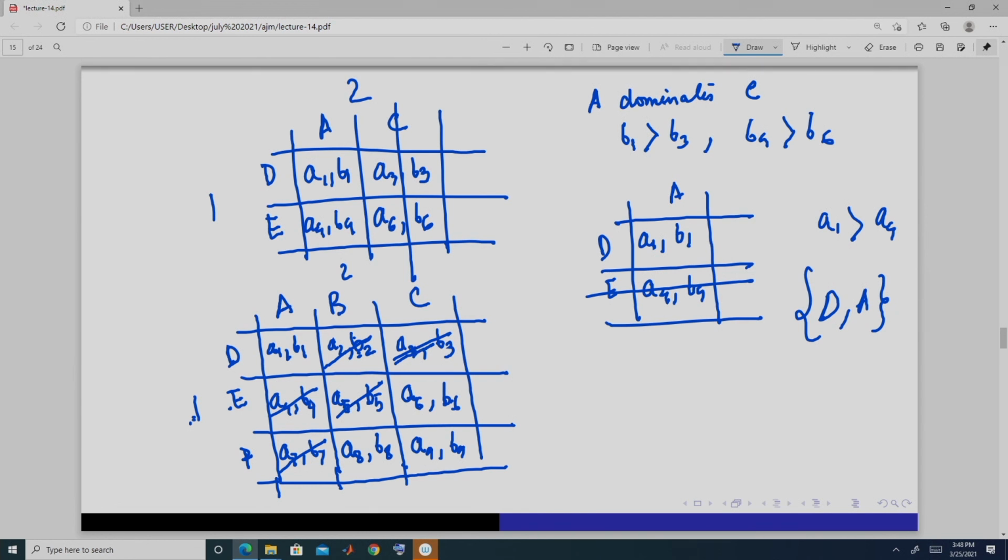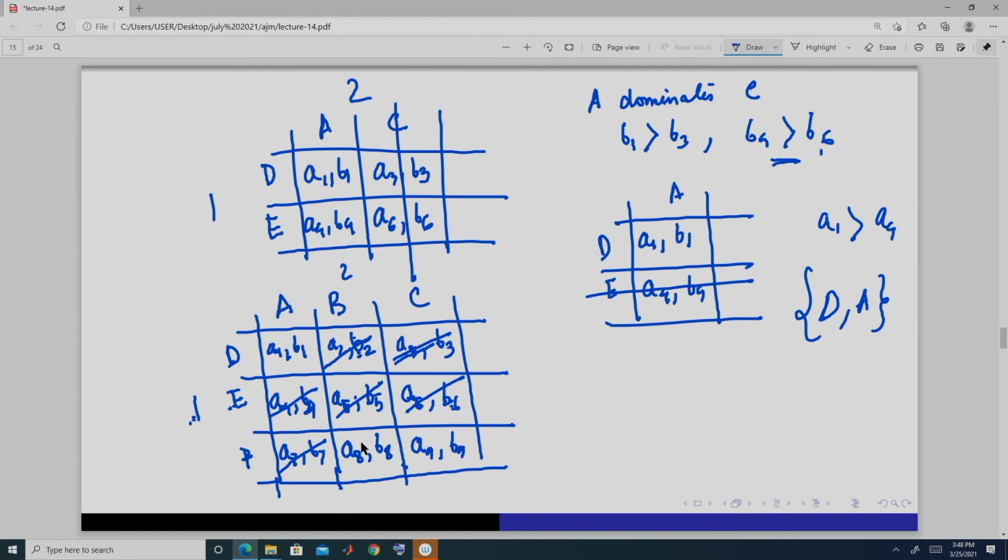Now, here we have to compare A6 and A3. Now, if player 1 chooses E, player 2 is not going to stick with this. So, it will shift to this. Again, if we compare B4 and B6, we know that B4 is more than B6. So, it will choose this, and from here we know that A1 is greater than A4. So, this is not a Nash equilibrium.